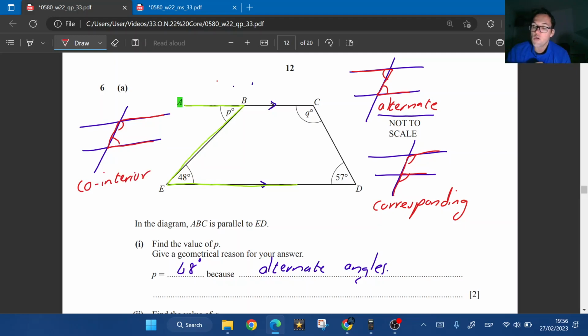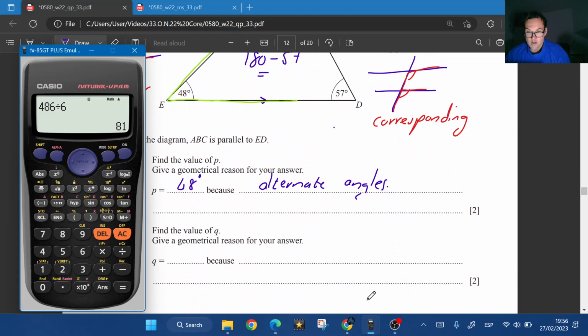The important thing on co-interior angles is they're not the same, they add up to 180. So to get Q, we need to do 180 minus 57. It's 123.